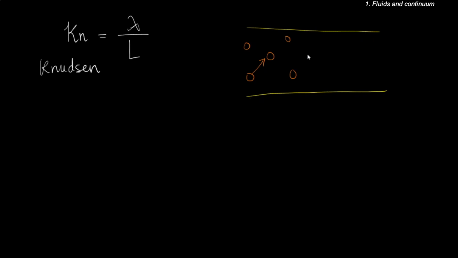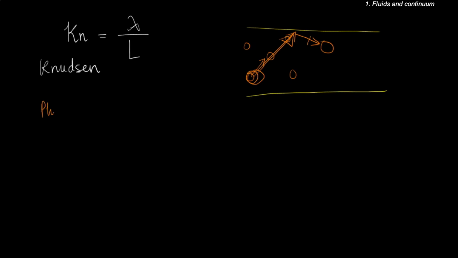So if the mean free path is comparable to the system length scale, then the molecule will interact equally with the walls of the channel as it is likely to interact with another molecule. If the mean free path is larger than the system length scale, it means that it will definitely strike the wall before striking another molecule.